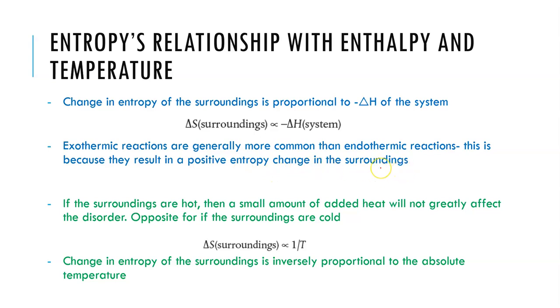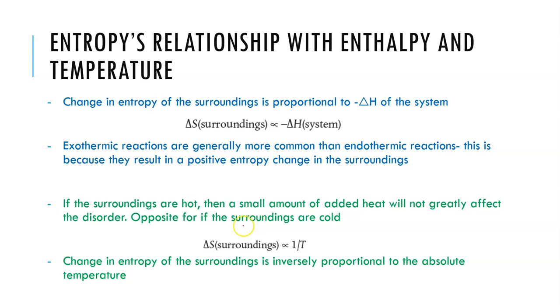Okay, the heat is given off to the surroundings, so they increase the entropy of the surroundings. So as the surroundings' delta S increases, the negative delta H will also increase. If the surroundings are hot, then a small amount of added heat will not greatly affect the disorder, and it's opposite if the surroundings are cold.